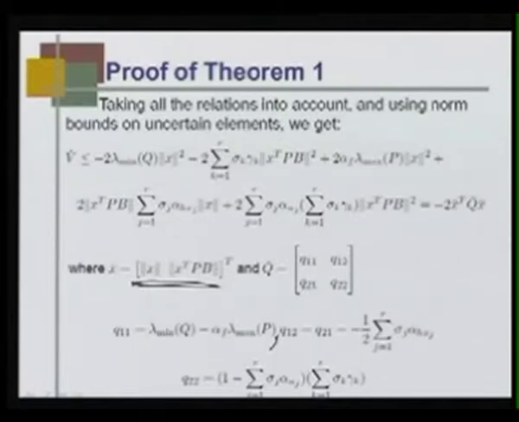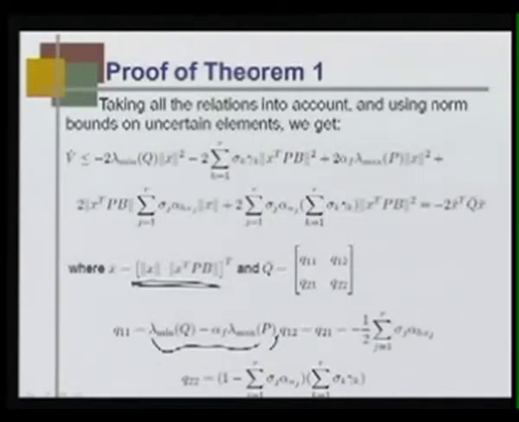So, this is my q11. I have taken 2 common out, and also the negative outside. So, this becomes lambda min q minus alpha f lambda max p, which is this quantity q11.